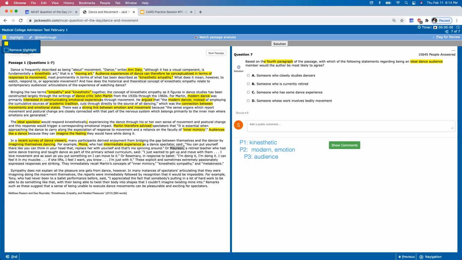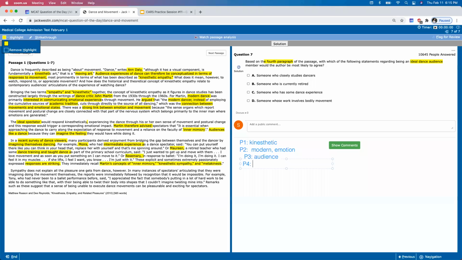We have another example. This person also had dance training and taught dance. And then Rosemary is another example. So these responses are striking, and it's showing an example of the mimicry and other concepts of John Martin.